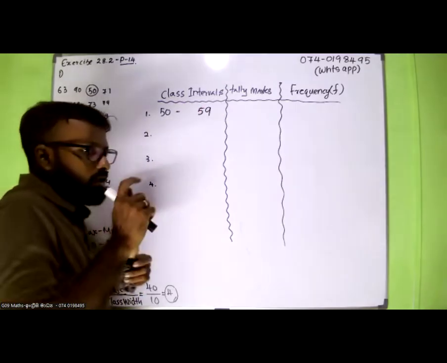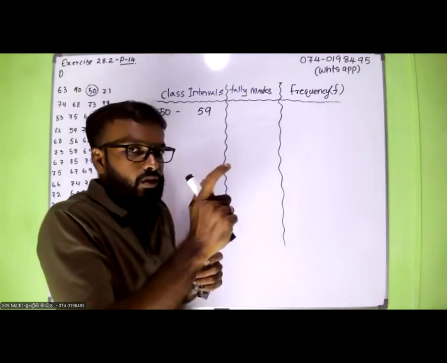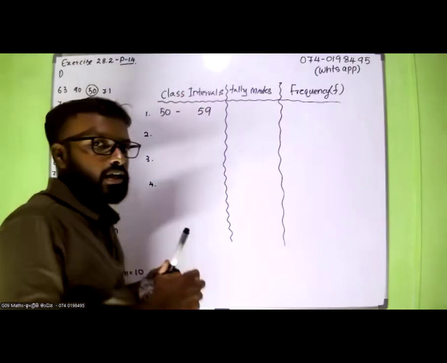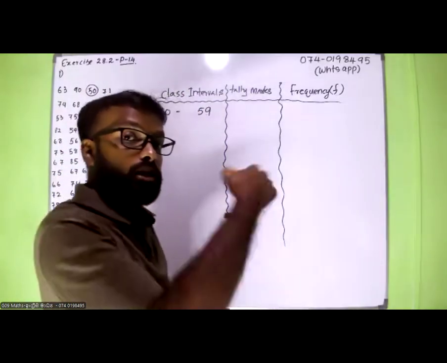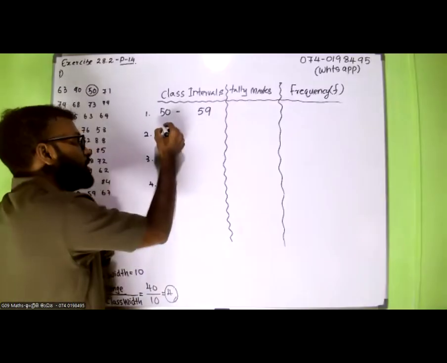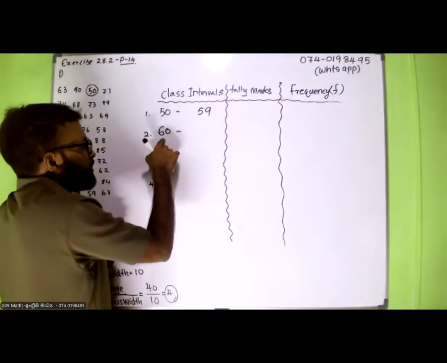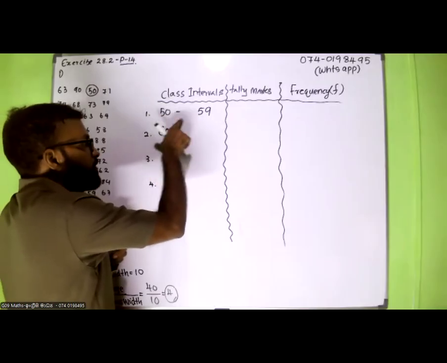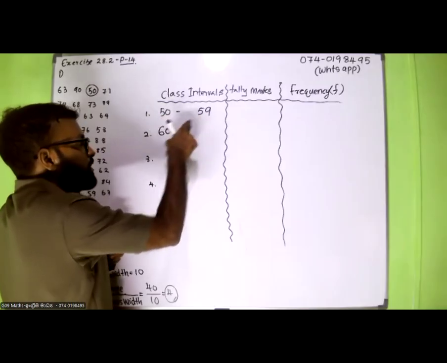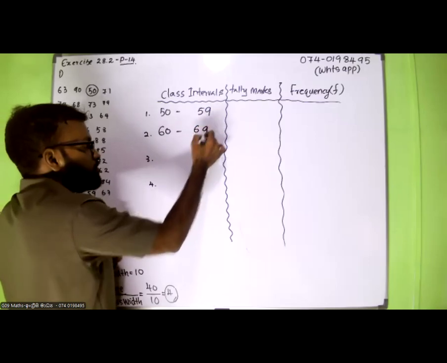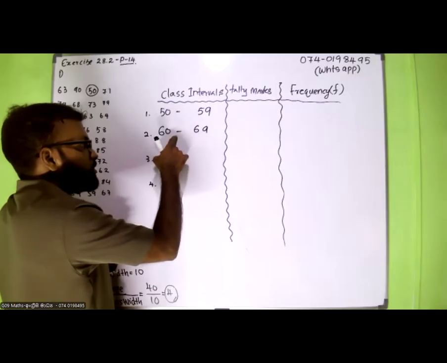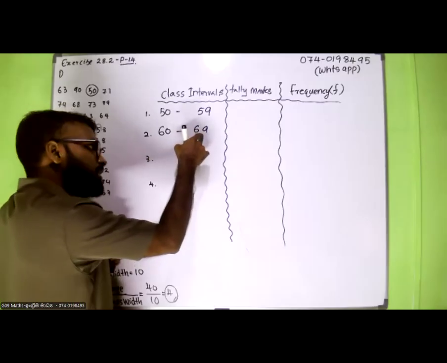Now I need to make sure that I have an open gap. The ending point is 59, so I would begin the second class interval from 60. If you identify the pattern here, 10 values are included: 50 to 59, 60 to 69. 60, 61, 62, 63, 64, 65, 66, 67, 68, 69.